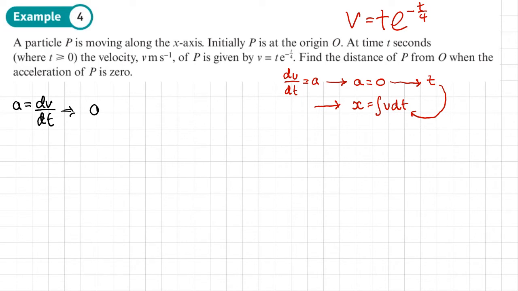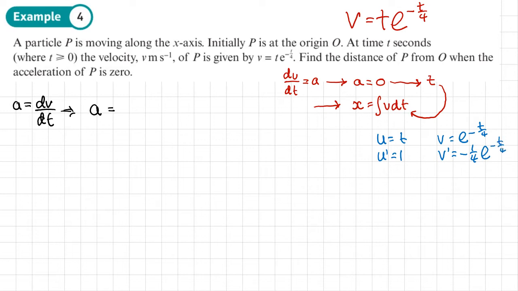So a is equal to, now we'll use the product rule to differentiate this. I'll do some working over here. So let's make u equal to t, v equal to e^(-t/4). So u' is 1, v' is going to be -1/4 e^(-t/4).